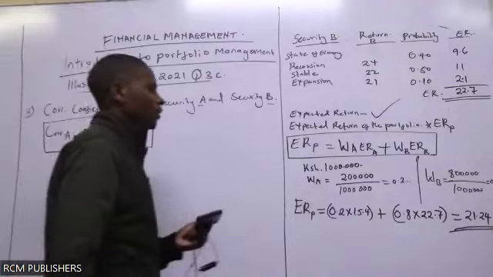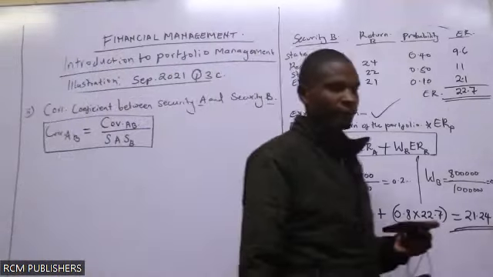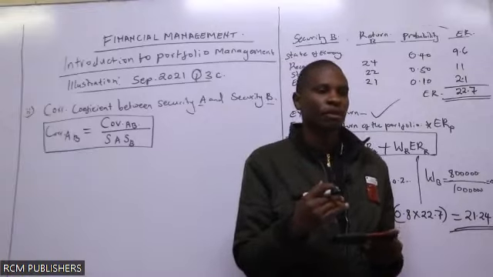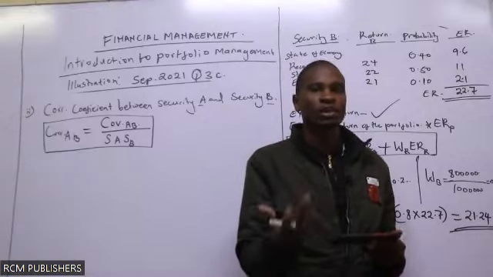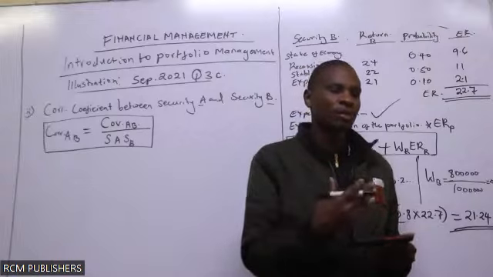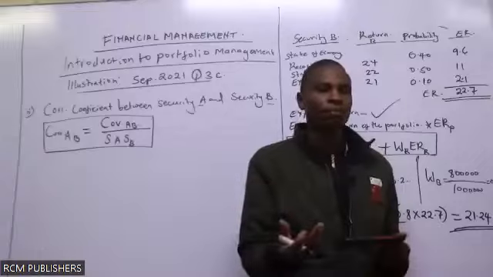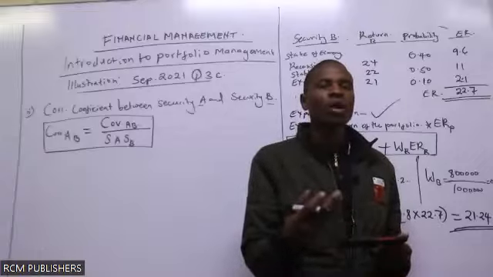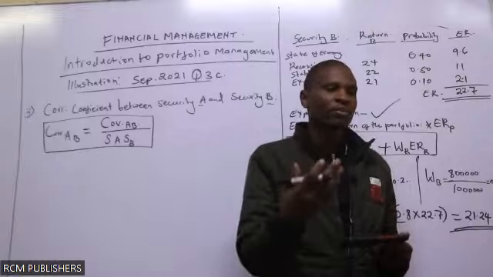Correlation of AB is equal to covariance of AB over standard deviation of B times standard deviation of A. That is it.